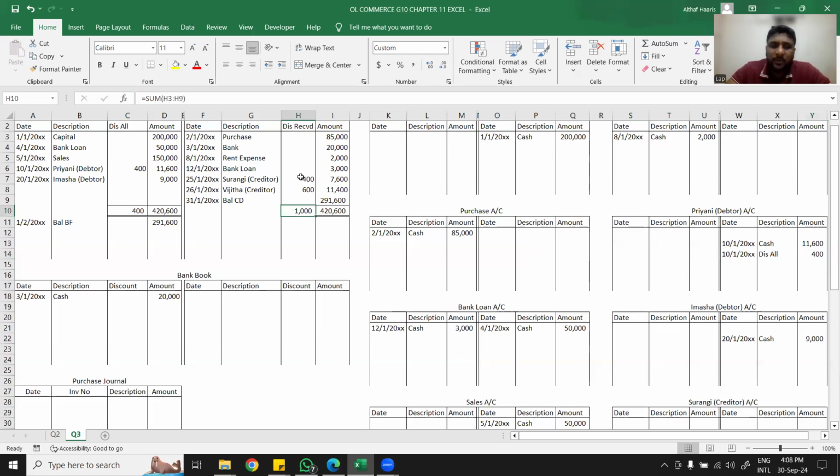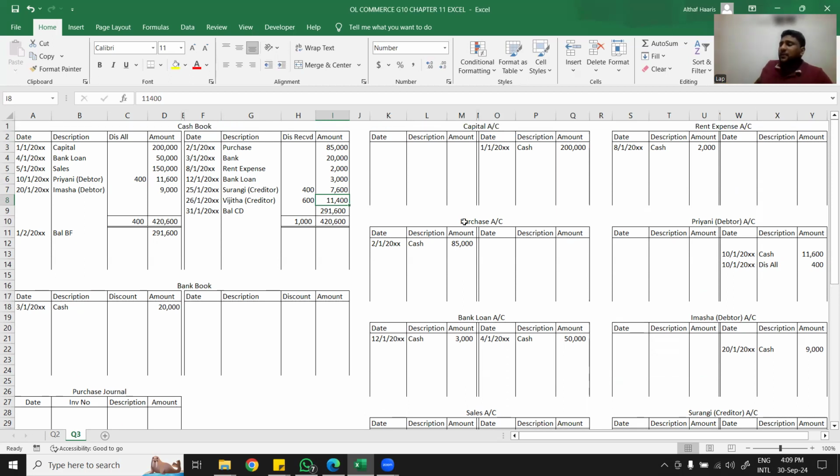Here also, when you write this 7,600, we will write the 400 with it. When you write this 11,400, we will write the 600 with it. At last we put the total amount, which is the credit entry. Different students use different methods. You can use any method you want. It's up to you.